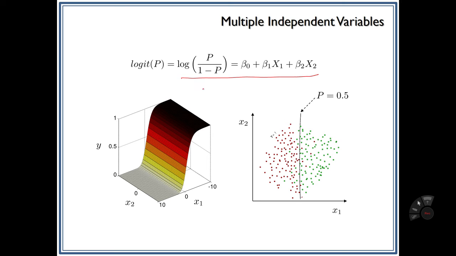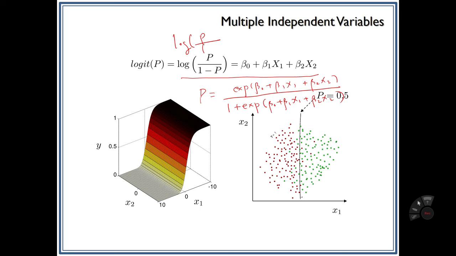Again, this is equivalent to p equals exponential of beta 0 plus beta 1 x1 plus beta 2 x2, over 1 plus exponential of beta 0 plus beta 1 x1 plus beta 2 x2. So we can simply extend this scheme to the multiple independent variables case. In general, for p x variables, we use this equation, this model.